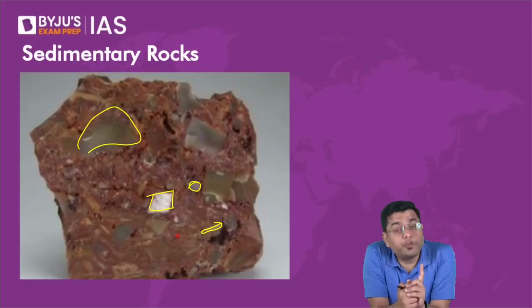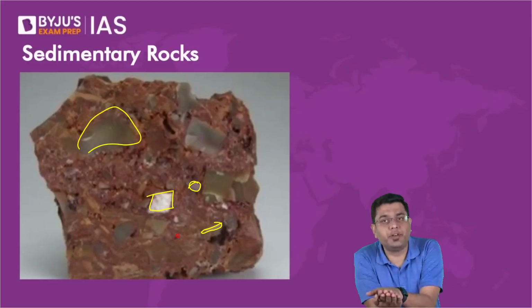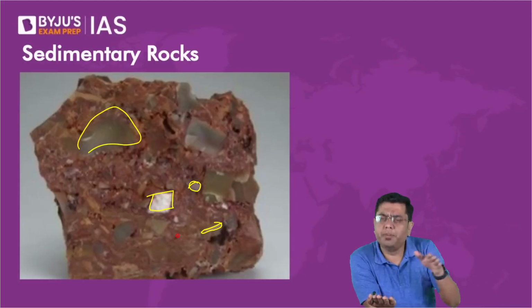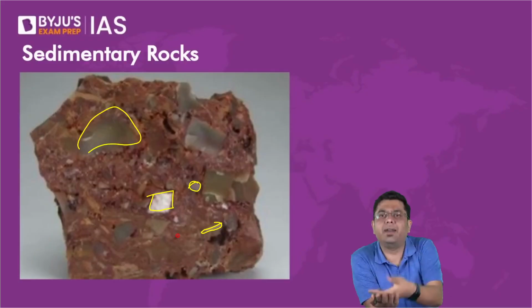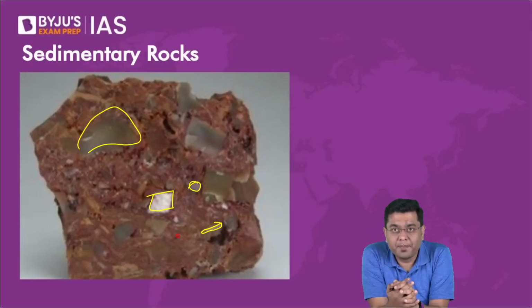All the fossil remains, all the animal and plant remains that you find, are in the sedimentary rocks. You will never find them in igneous rocks. Why? Because igneous rocks have been formed by the solidification of molten materials, whereas sedimentary rocks have been formed as deposits. So it is absolutely possible that after one deposit you had a dead animal, and then further deposits fossilized that.